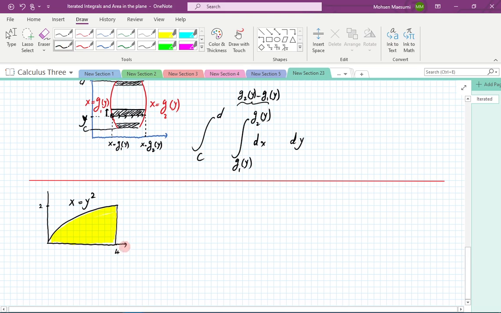Well, let's again emphasize that we want to write the area as an iterated integral, and evaluate it.